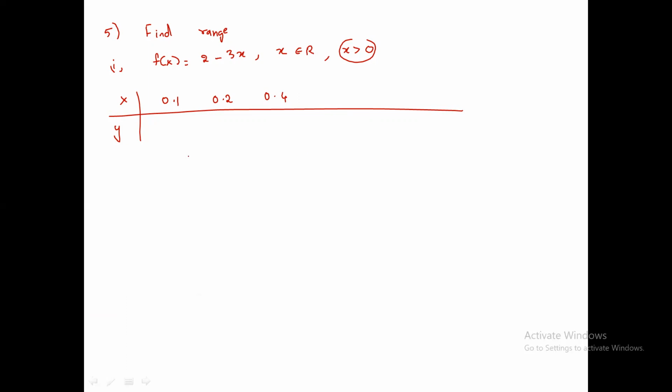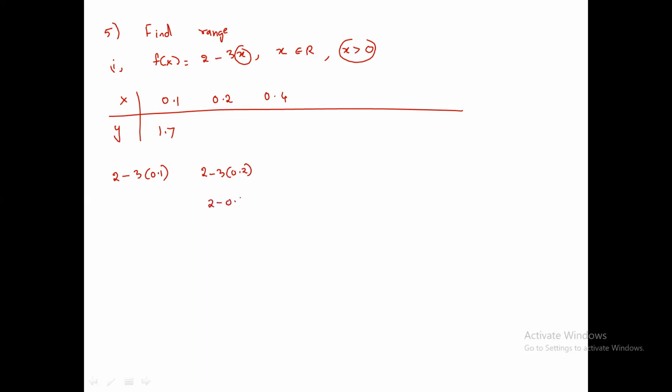You can continue. So when x is 0.1, if you put x as 0.1 in the function, what will be y? 1.7. Because you will have 2 minus 3 into 0.1. When x is 0.2, what will you have? 2 minus 3 into 0.2.